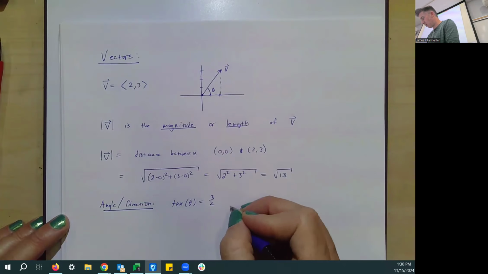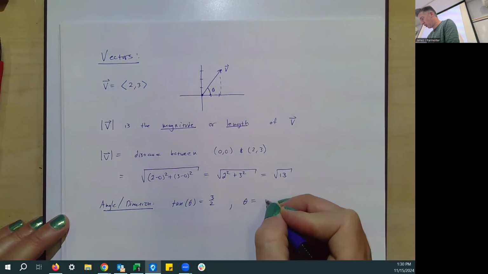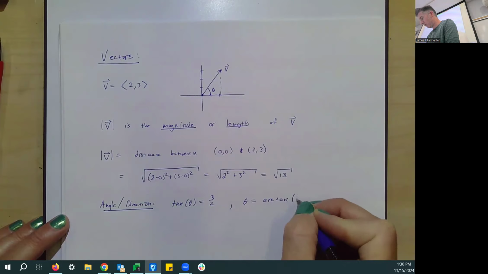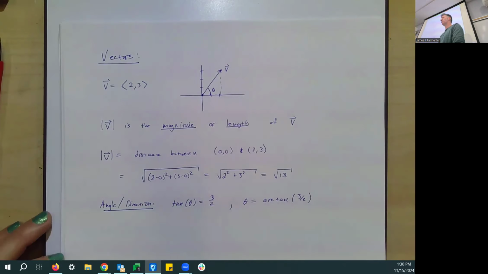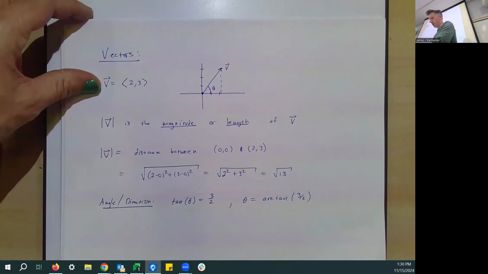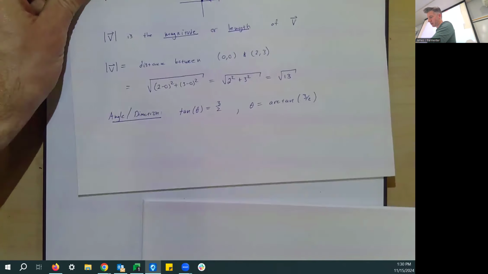So we could say that our direction, or our angle, is the arc tangent of 3 over 2. But we don't really talk about that a whole lot.